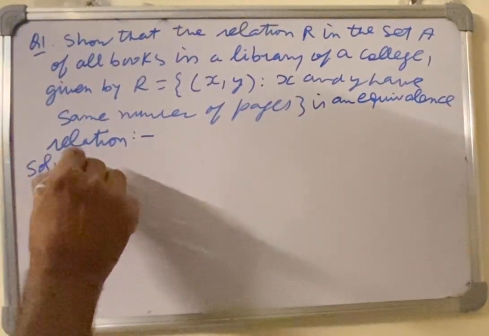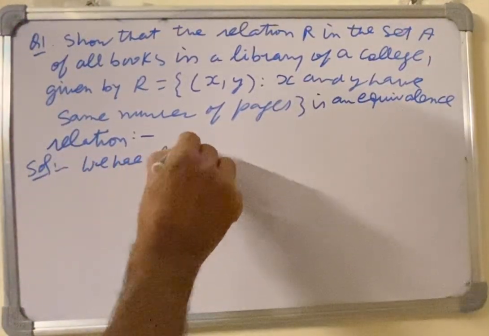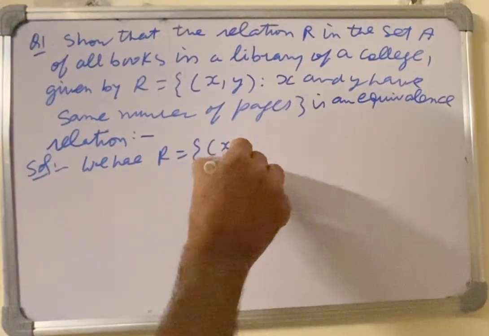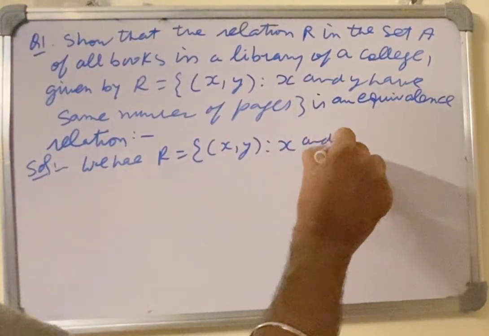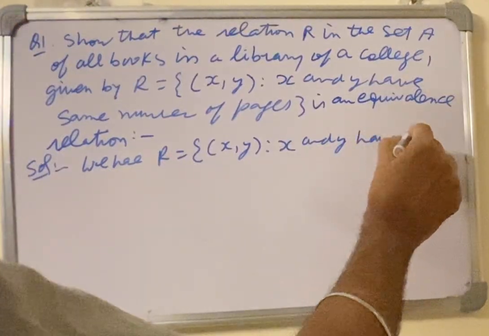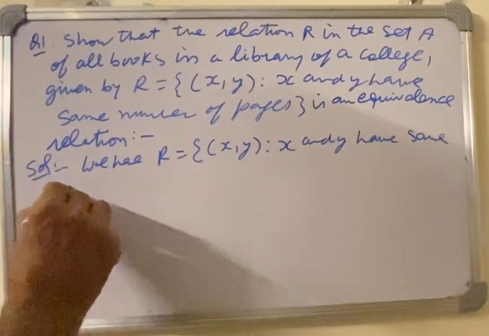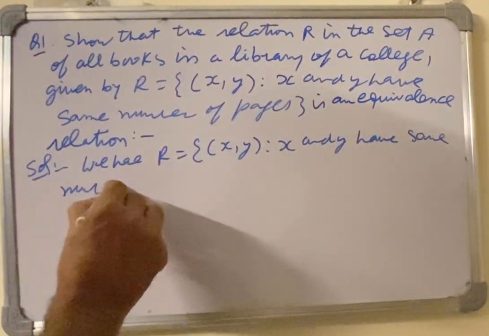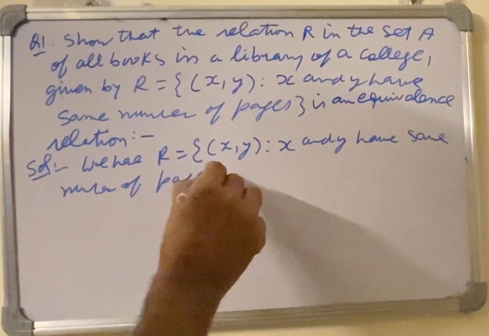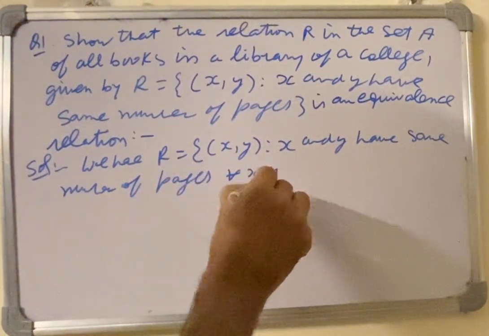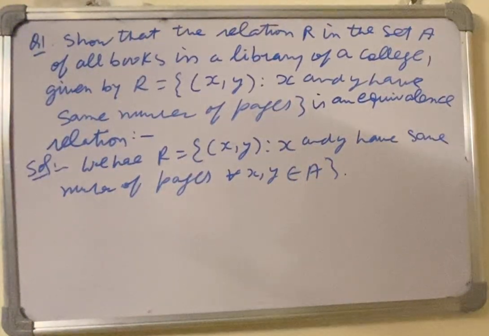Solution, we have R is equal to ordered pair x comma y such that x and y have the same number of pages, for all x, y belonging to A, because A is the set of books.